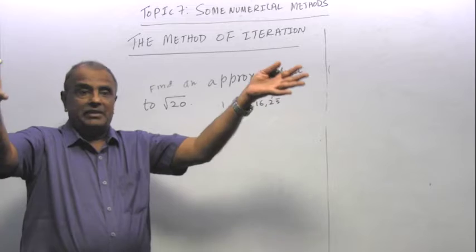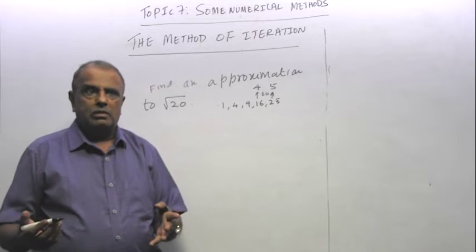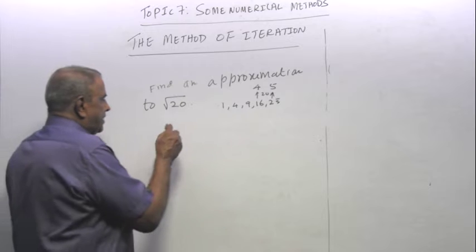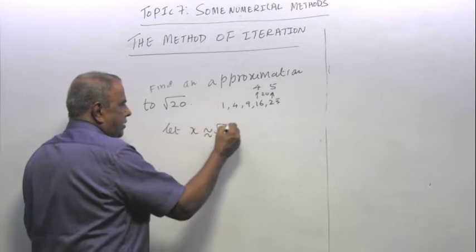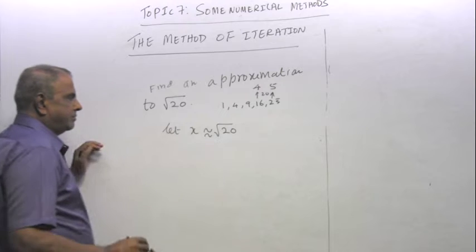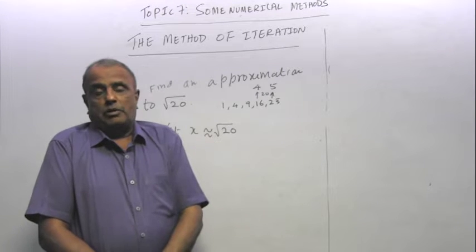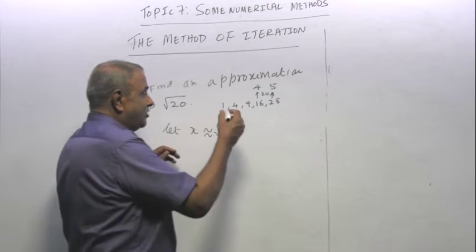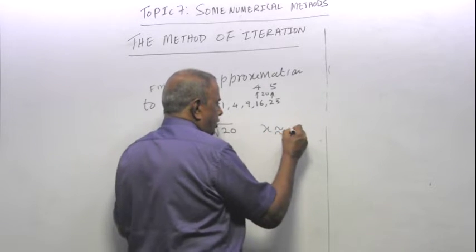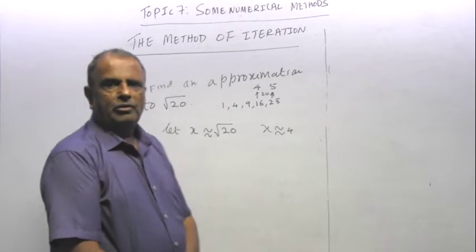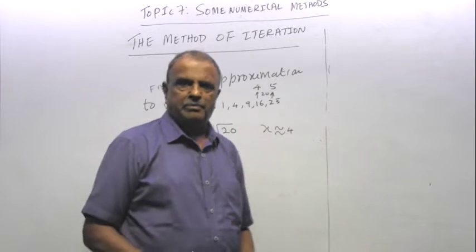It can't be 5 because 5 squared is 25. So let x be approximately equal to root 20, and we take x is approximately 4 as the very first approximation.